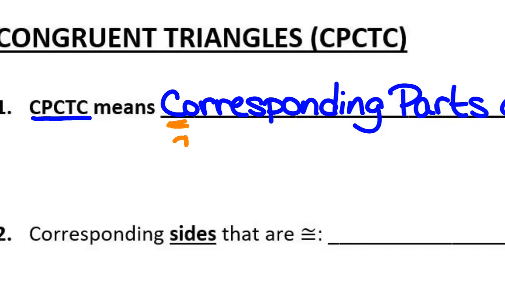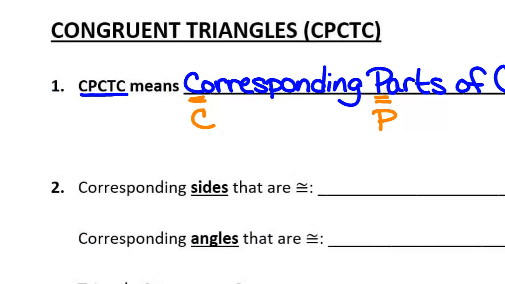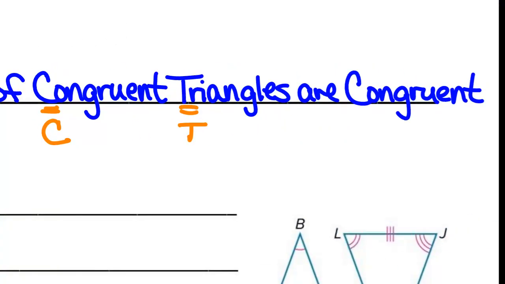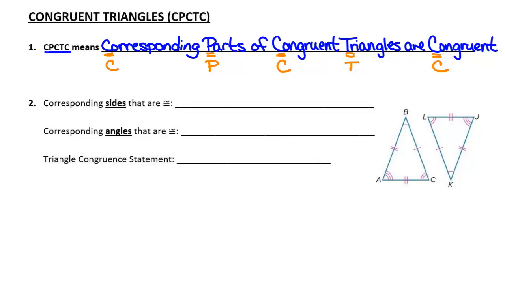So here's the first C, here's the P, here's the second C, the T, and the last C. Corresponding parts of congruent triangles are congruent, CPCTC.